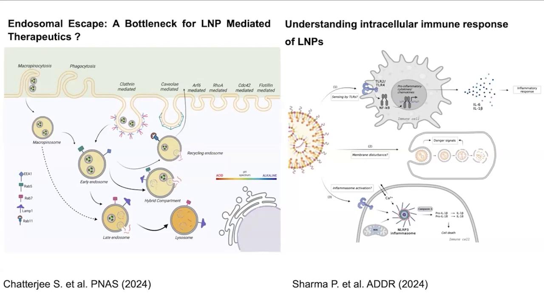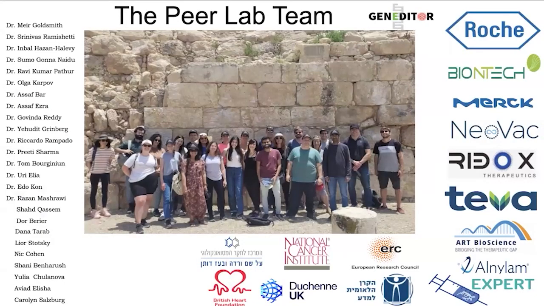All in all, we're going to hear today lots of talks about the importance of analytics, how we can control each step, and hopefully that will give us the next generation LNPs. I want to thank you for listening, and enjoy your time.